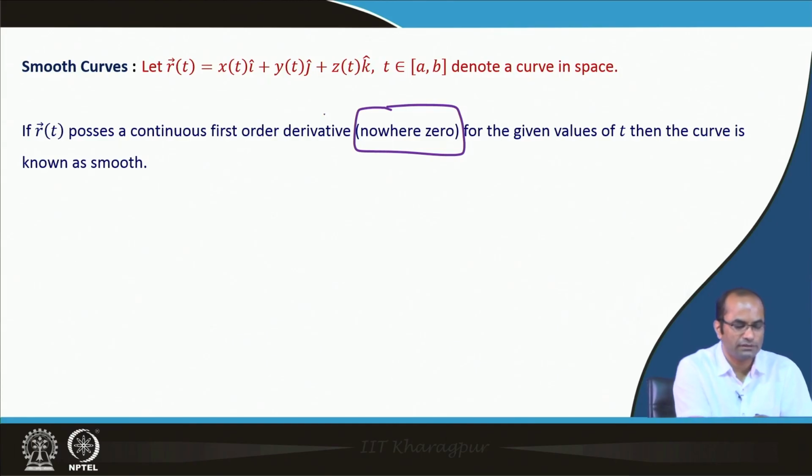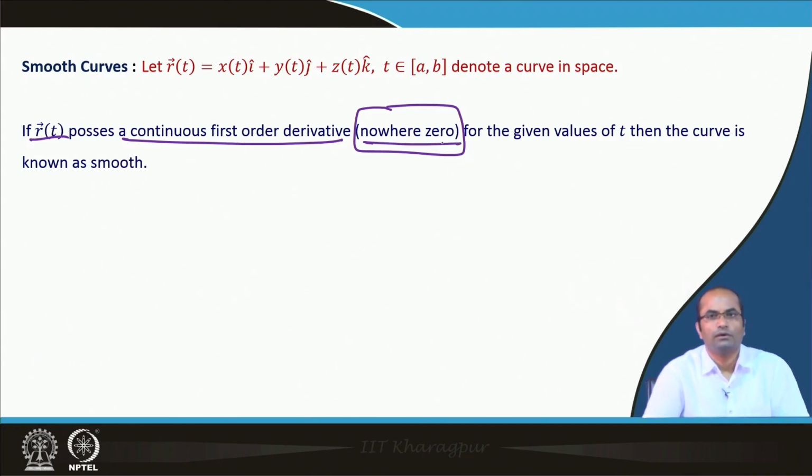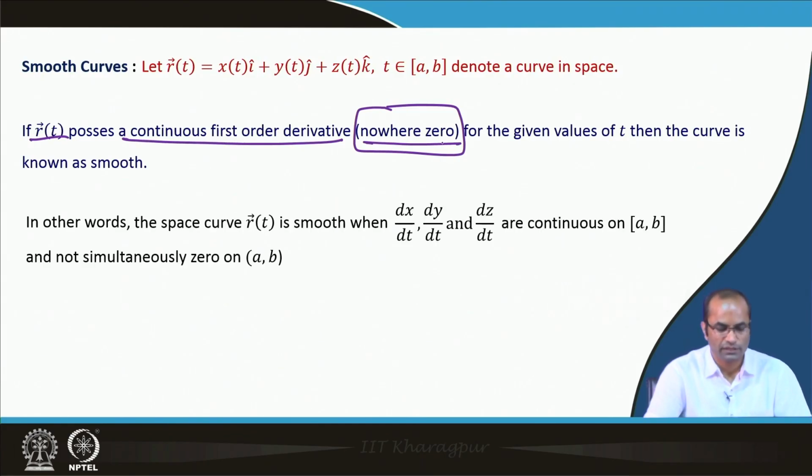So, there are two conditions here. R(t) possesses continuous first order derivatives and they are nowhere 0 at a given point t. Then the curve is known as smooth. In other words, we can also say that the space curve R(t) is smooth when these derivatives dx/dt, dy/dt and dz/dt are continuous on the given interval [a, b], and they are not simultaneously 0.